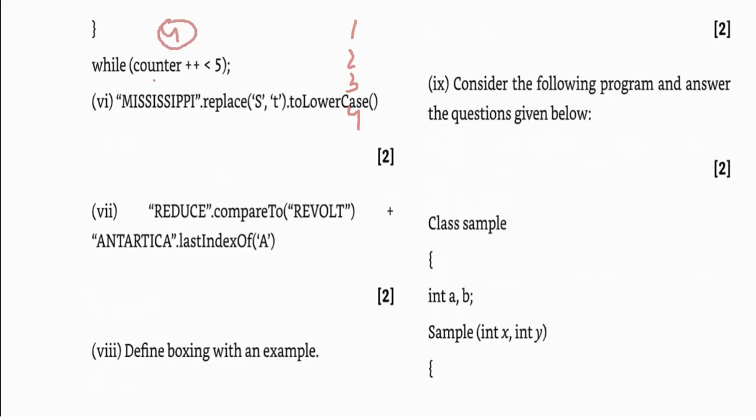Now before that we have this one, Mississippi dot replace s comma t, to lowercase. What it will do is replace every s in the word Mississippi with t and convert that to lowercase. Let me open the notepad and show you. Here it is.